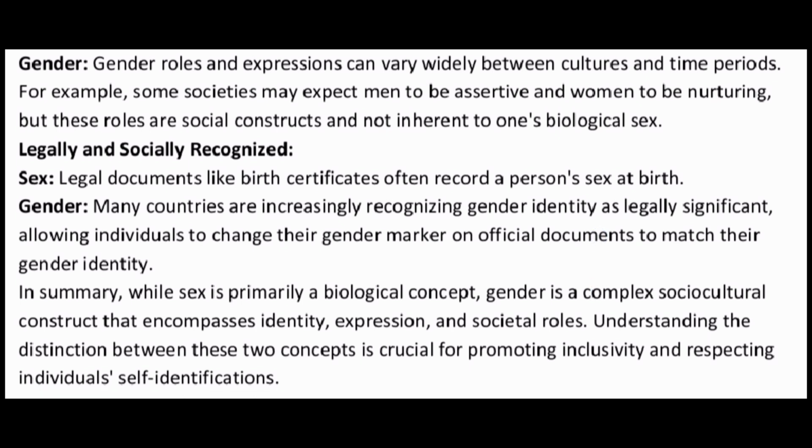So in summary, we will see, while sex is primarily a biological concept, gender is a complex socio-cultural construct that encompasses identity, expression, and societal roles. Understanding the distinction between these two concepts is crucial for promoting inclusivity, and respecting individual self-identification.